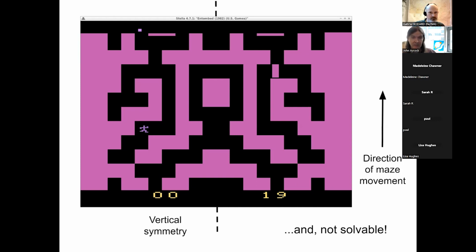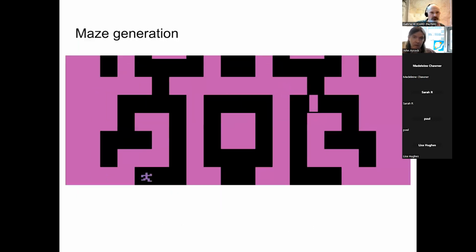But the game has these rectangular make-break devices, this rectangle you see floating in the upper right. And you can use that to punch through a maze wall if necessary. We had a number of results related to this game, but I want to focus on only one right now, and that is how the maze was generated. Reverse engineering the game, we discovered what seems to be a unique way of generating mazes.